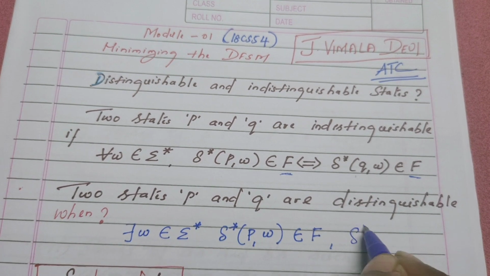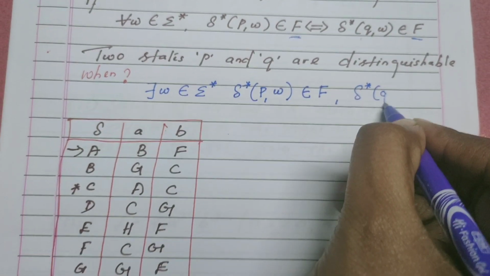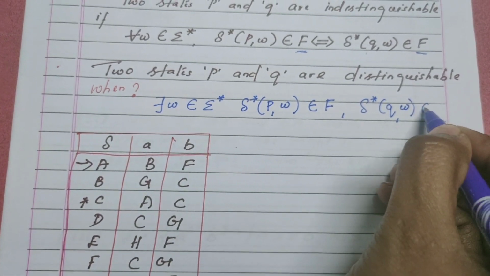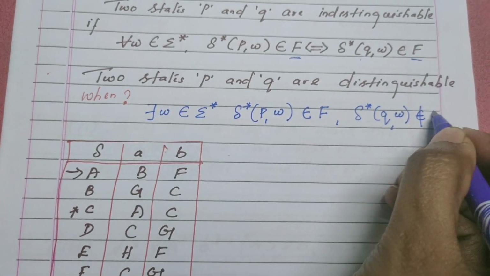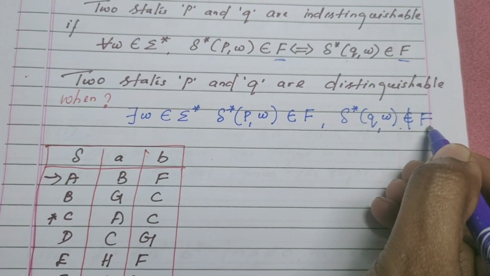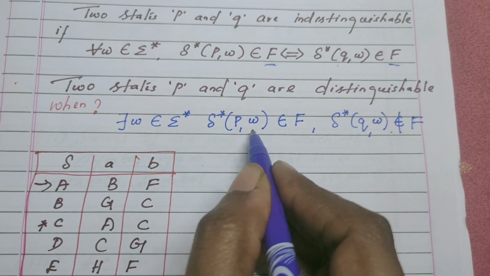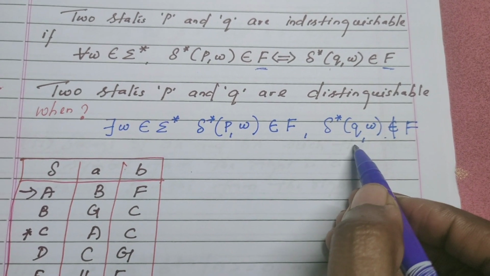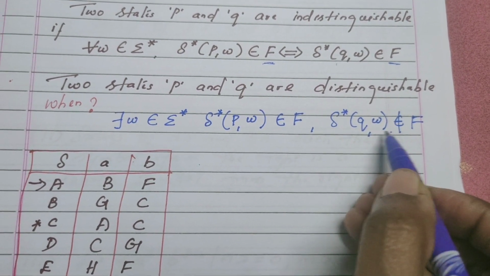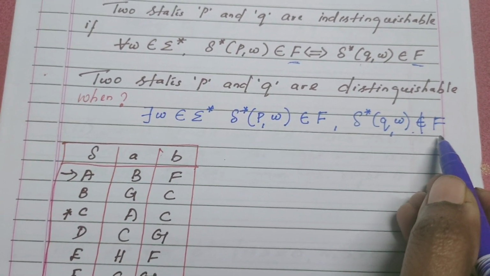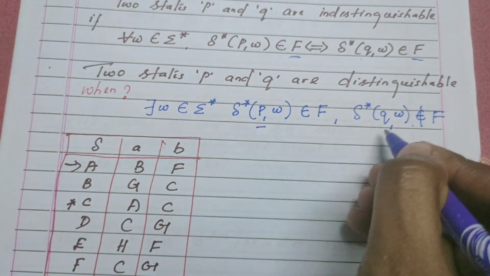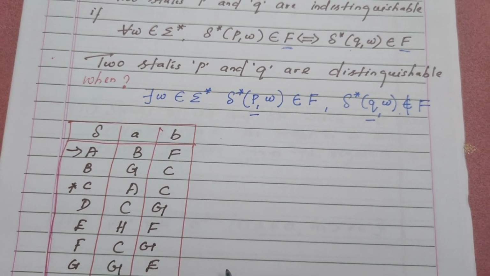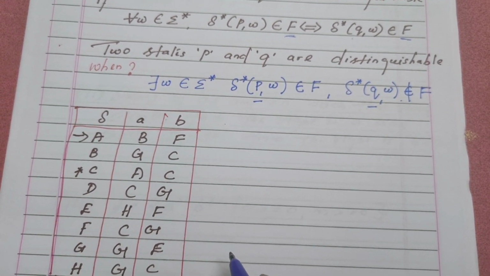Whereas for the same string from the state Q, it enters into a non-final state. From the state P, after reading the string W, it enters into the final state, but from the state Q, on reading the string, it enters into the non-final state. In this case, P and Q are distinguishable. So this is a basic definition. Now we are going to solve the problem.